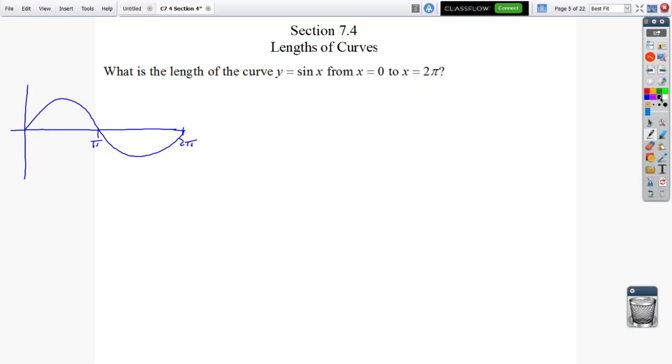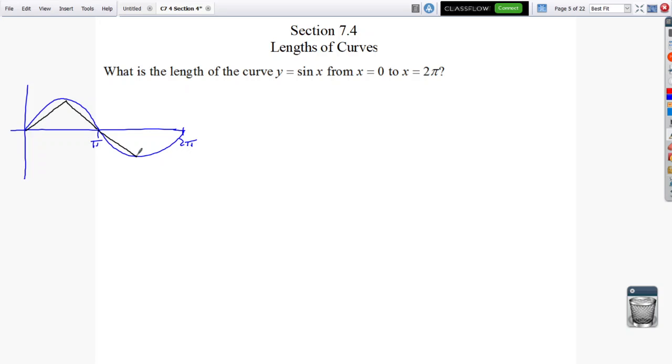So one way that I can do this, I can go through this arc and I can just draw in straight lengths. If I had straight lengths that looked like this, I could add those. It looks like I only have 4 lengths. If I add those 4 lengths together, I could get the approximate length of the curve.